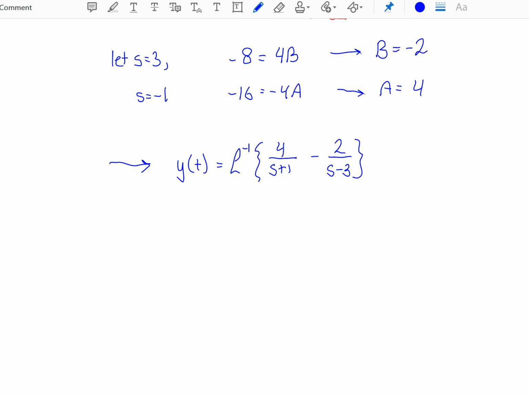And since the Laplace transform and the inverse Laplace transform are linear transformations that preserve vector addition and scalar multiplication, we can write this as 4 times the inverse Laplace of 1 over s plus 1 minus 2 times the inverse Laplace of 1 over s minus 3.